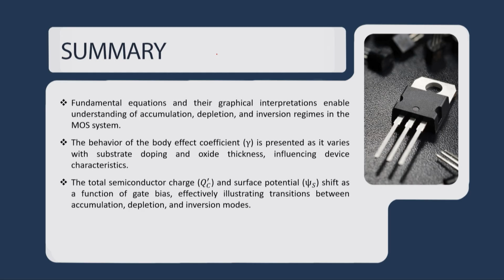We have also seen the behavior of the body coefficient gamma, which we are going to discuss again when we go for the 3-terminal MOS structure. We have already seen that the total semiconductor charge and the surface potential are related by a complex formulation. It cannot be analytically solved, so you need to use some numerical techniques.